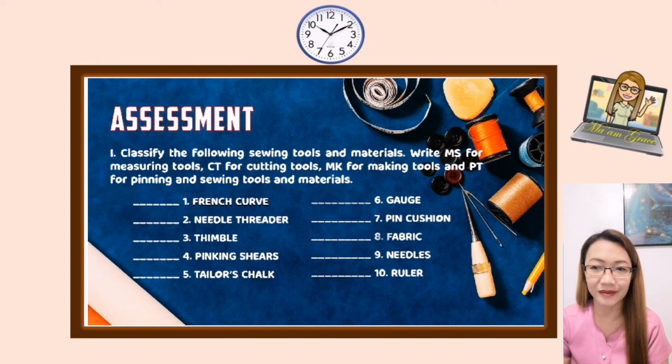Correct. 6, gauge. Very good. 7, pin cushion. Correct. 8, fabric. You're right. 9, needles. Check. And number 10, ruler. Very good.